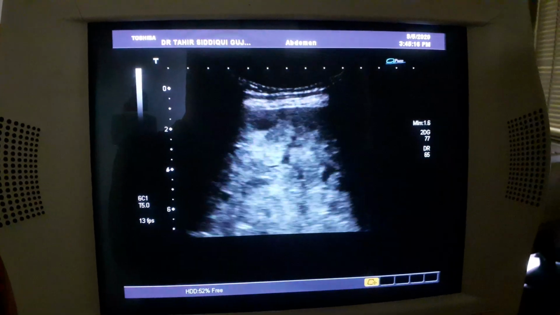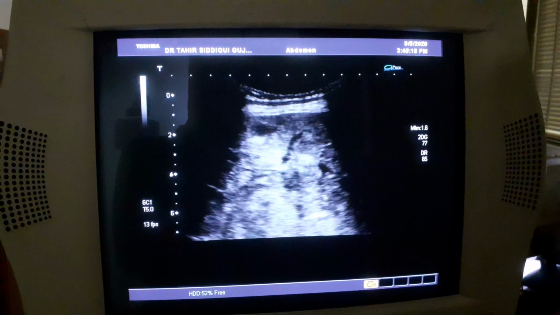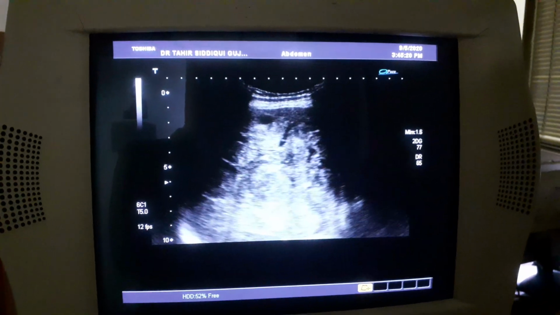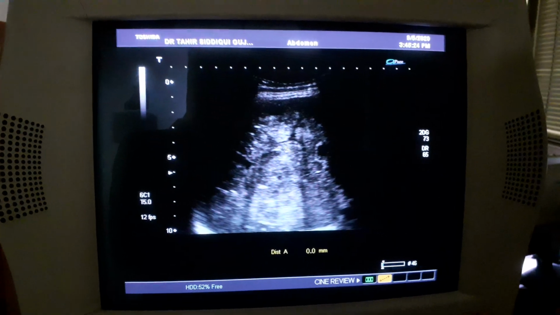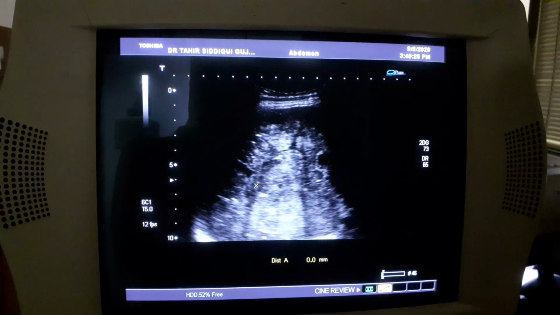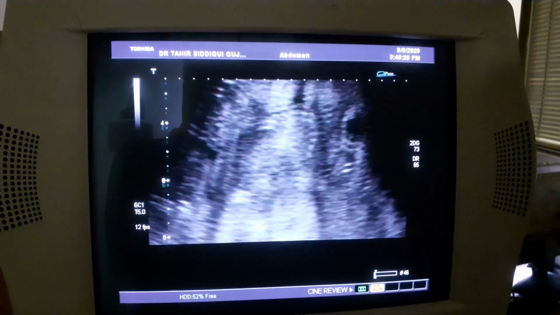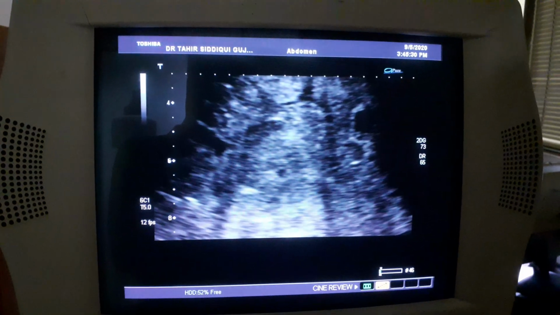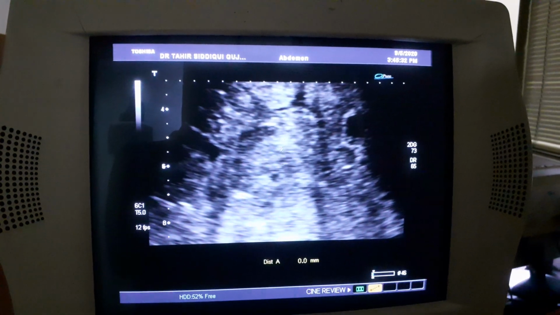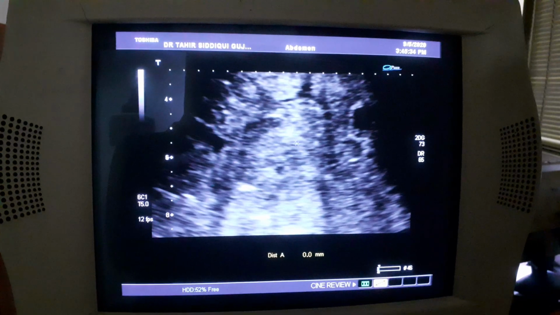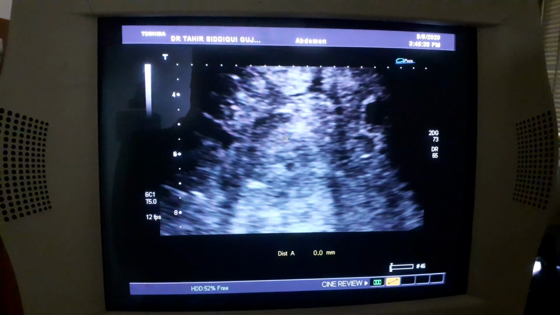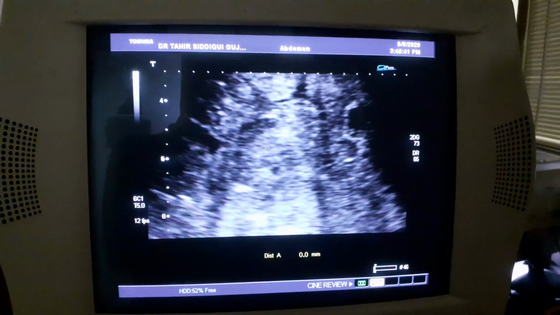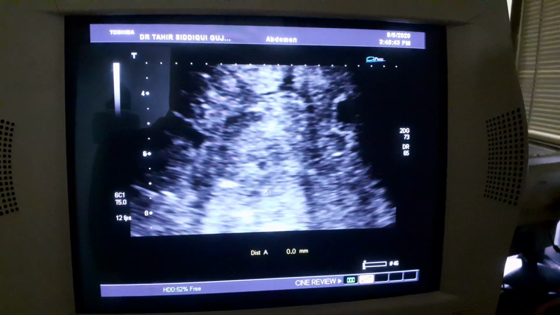Now there are multiple focal lesions. Now this is another focal lesion, which is heterogeneous. Now this is the one that is ill-defined, is inhomogeneous, being echogenic as well as hypoechoic.